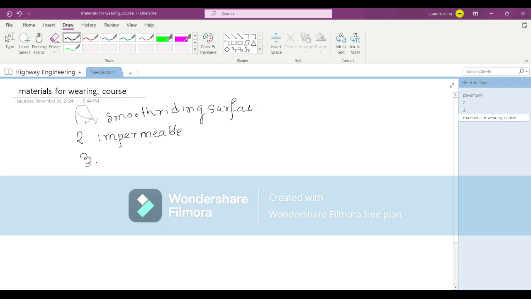How can we design this wearing course? Marshall mix design is used. We will discuss it later.